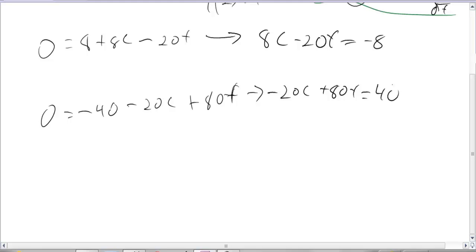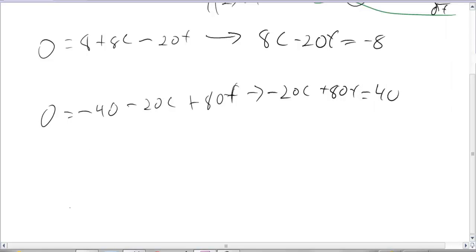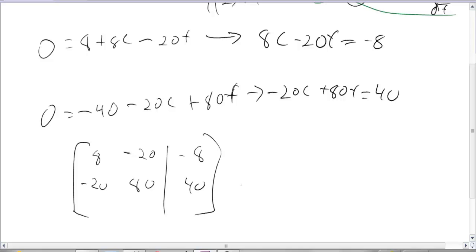Now I take those and put them into my handy dandy little calculator. We put in 8, negative 20, negative 8, negative 20, 80, 40. Note this whole row 2 is divisible by 20, and we could simplify the numbers and make them smaller, but since the calculator is doing the work for me, I'm not going to worry about it.